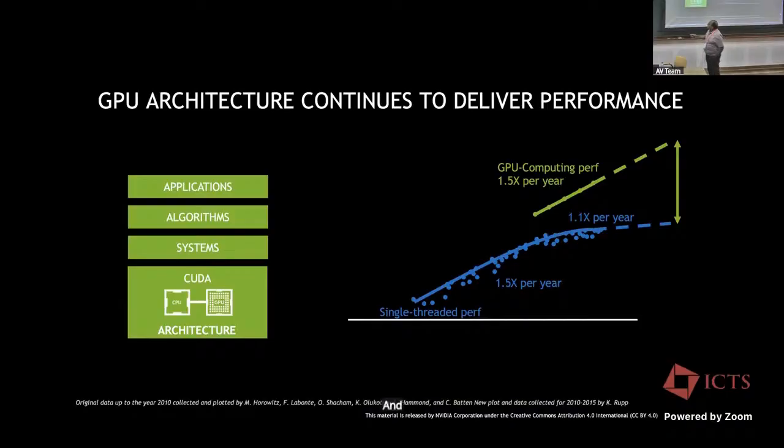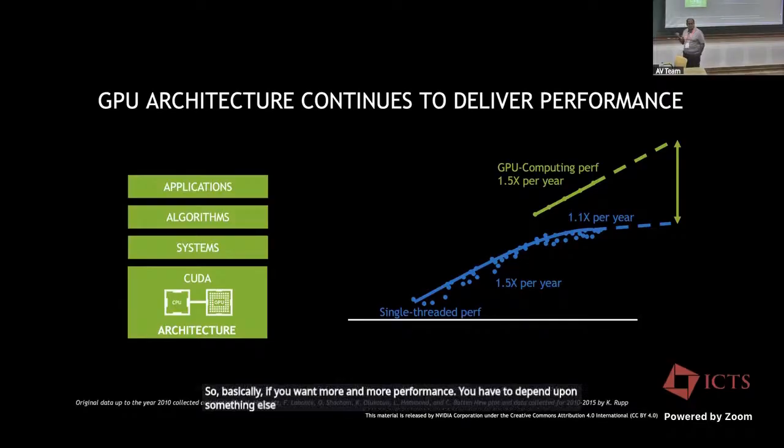And if you work on devices with lower clock speeds, there is still quite a bit of room for improvement. That's why this is linear, while this is tapering off, right? So if you want more and more performance, you have to depend upon something other than simple clock speed or sequential programming.